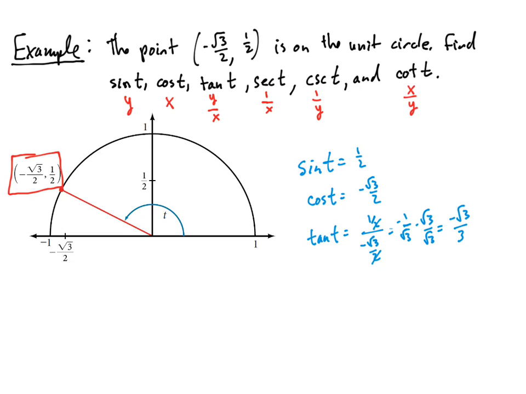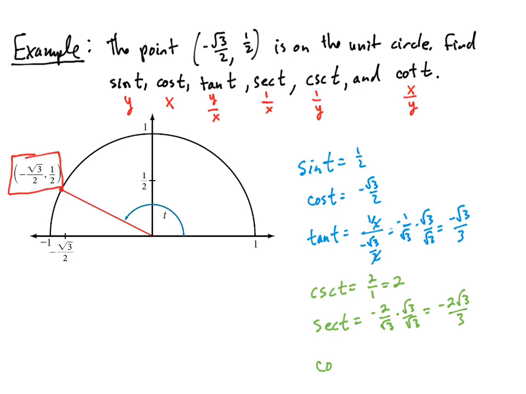And then for the reciprocal functions, I'll do these in order. Cosecant of t is just the reciprocal of sine, so it's 2 over 1, which is 2. Secant of t is the reciprocal of cosine, so negative 2 over square root 3. And if you rationalize, negative 2 root 3 over 3.